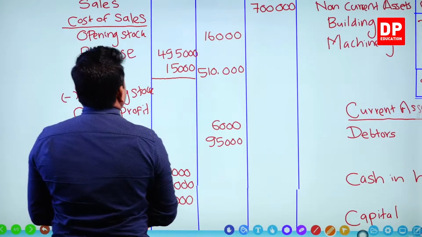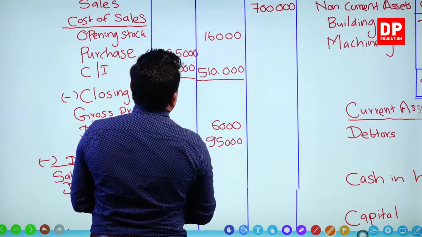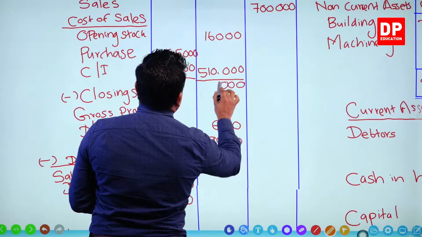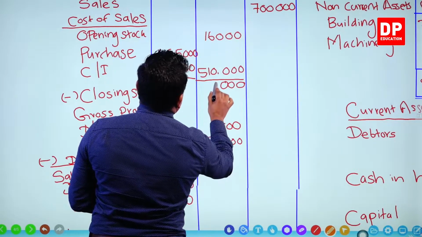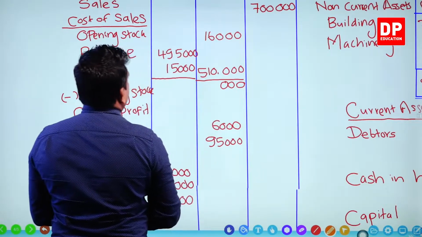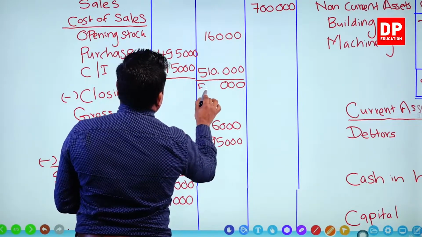Then you add these two, and you get 526,000.